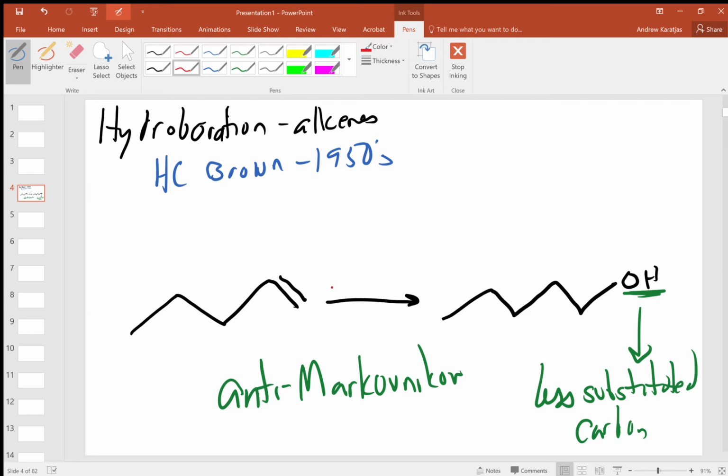So the reaction works by the addition of borane, followed by a second step where we typically add hydrogen peroxide and base. And again, the result is now the hydrogen goes on the more substituted carbon and the hydroxyl group on the less substituted carbon.